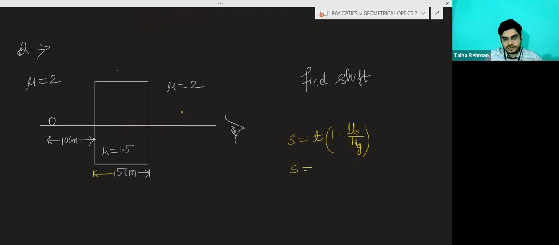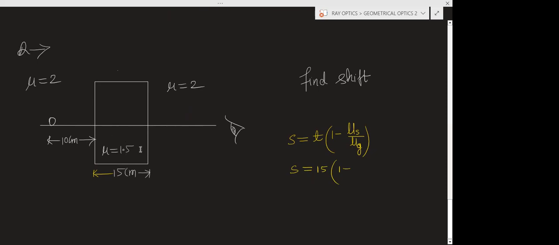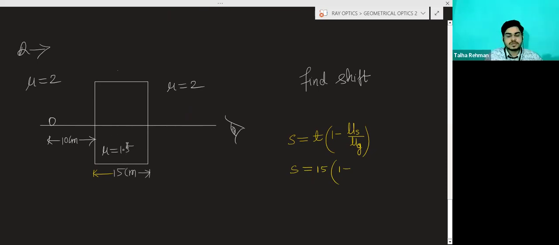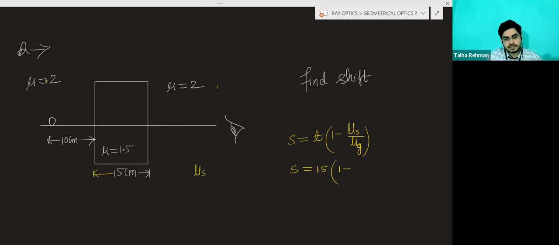So we will find the shift. The thickness is 15 centimeter, times (1 minus 2 by 1.5), since the refractive index of the surrounding is given as 2.